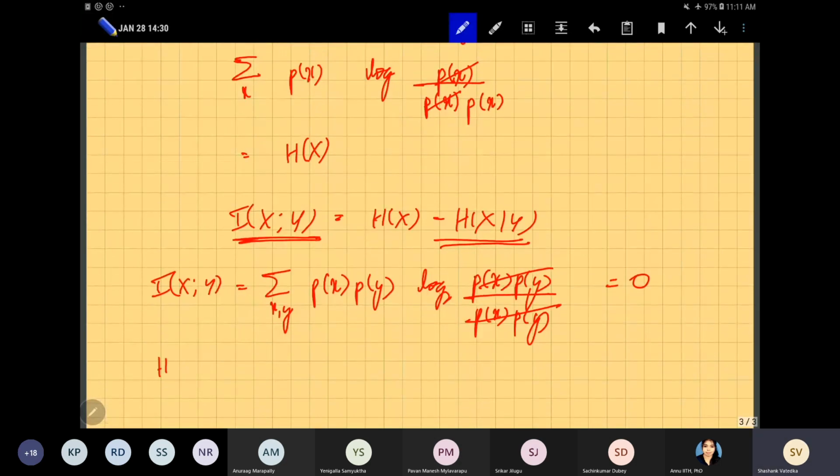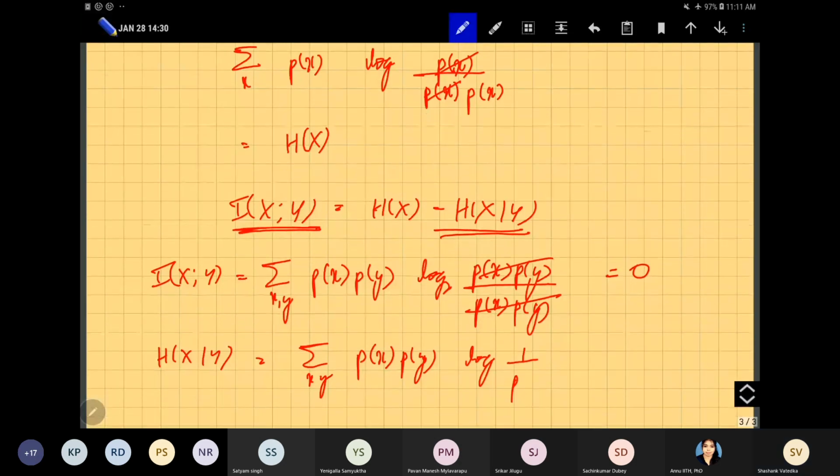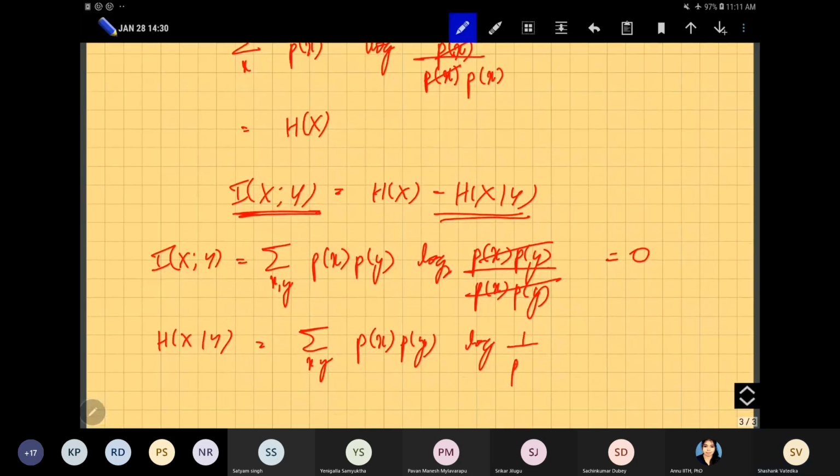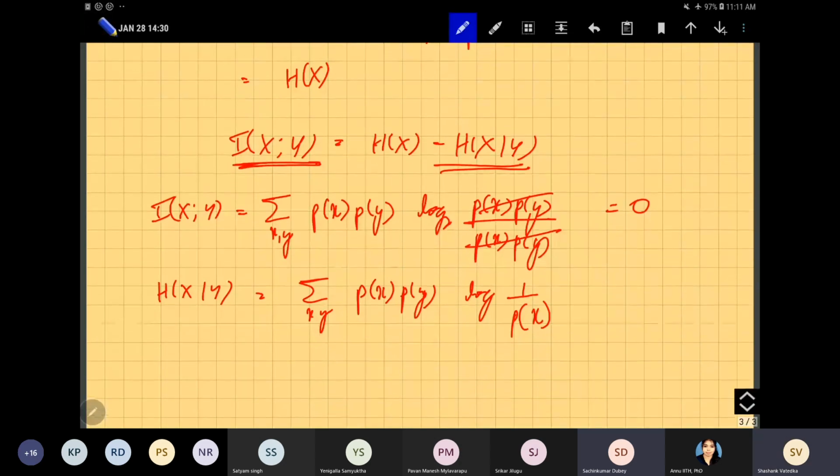But what about the conditional entropy? It is the sum over x and y of P of xy, which is P of x P of y, times log 1 over P of x given y. But what is P of x given y equal to? P of x. Correct, it's P of x, right?